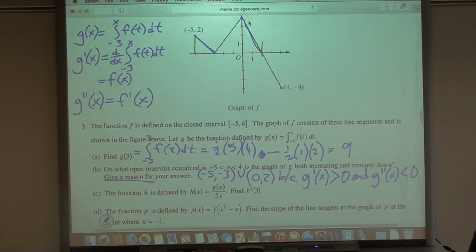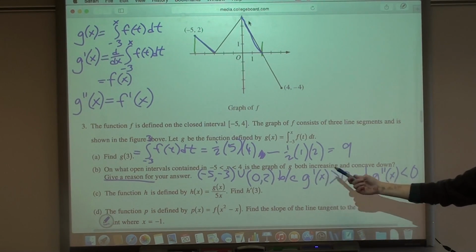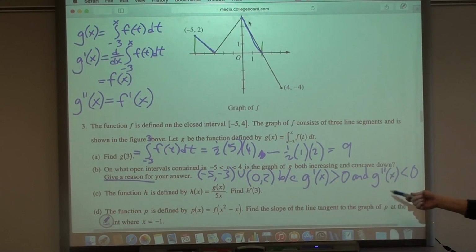Now, if you want to interchange, like say g prime, which is equal to f, right, that's fine. If you want to say g double prime, which is equal to f prime, which is less than 0, right, you can do it in terms of f, you can do it in terms of g. You could say because f, which equals g prime, is decreasing for the concave down, but be very careful that you say the right thing is decreasing.